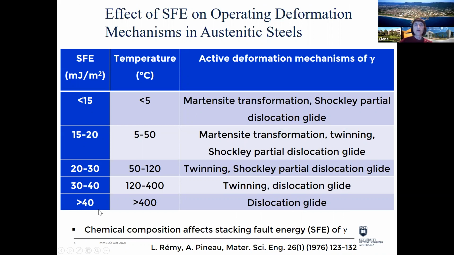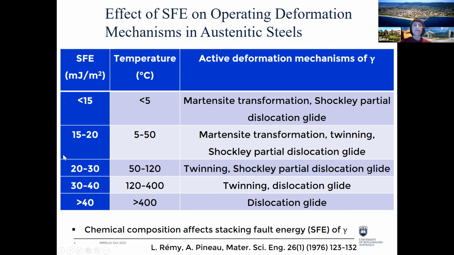With high stacking fault energy in austenite, and I'm only talking today about high manganese steels, which have austenite as the main phase at high temperature and maintain it mostly to room temperature, we have dislocation glide. With a decrease in stacking fault energy from 30-40 millijoule per square meter, we have initiation of first twinning in addition to dislocation glide. Then we have also twinning and partial Shockley dislocation glide.